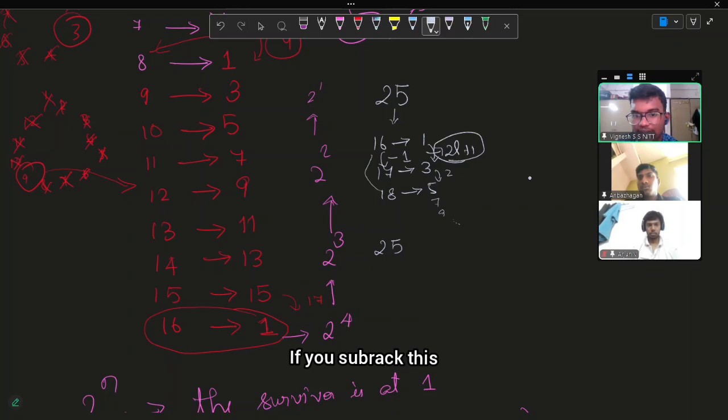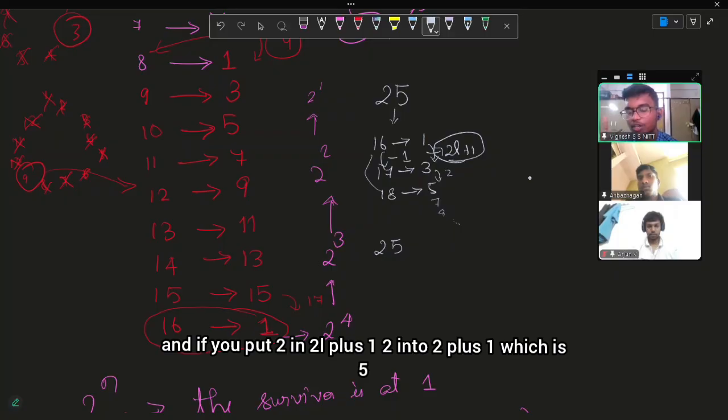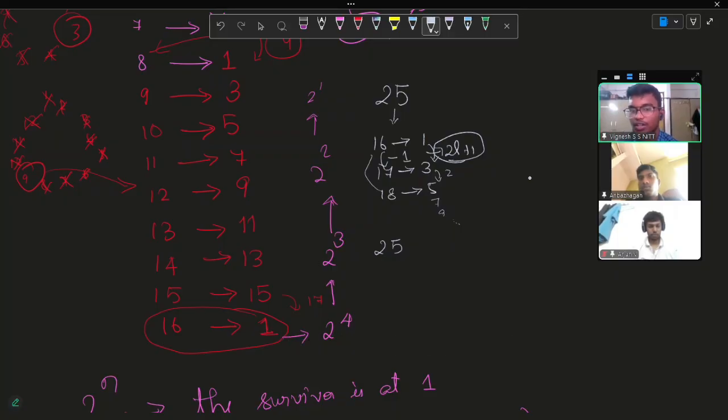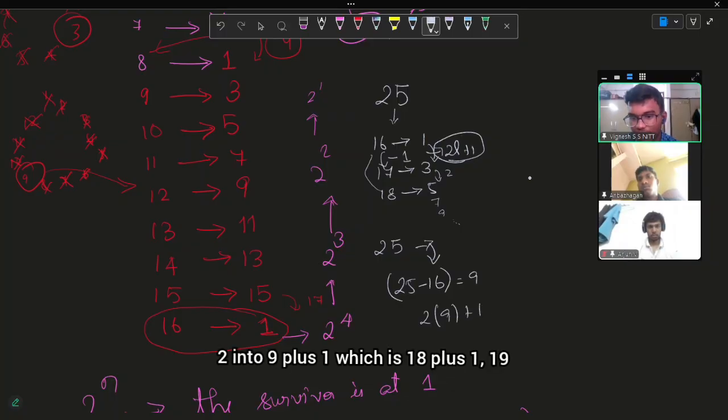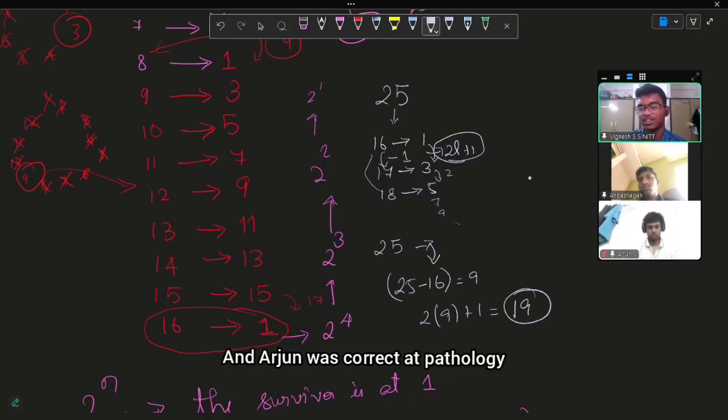If you subtract 18 minus 16, which is 2, and put 2 in 2l plus 1, 2 into 2 plus 1, which is 5, you will get 5. So the answer for this is 25 minus 16, which is equal to 9. We will put 9 there. 2 into 9 plus 1, which is 18 plus 1, 19. And Arjun was correct as per the logic.